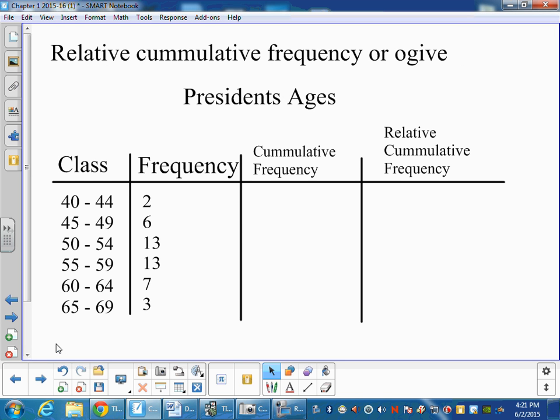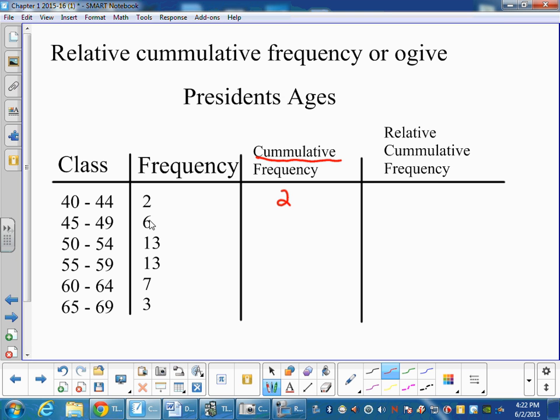To do that with our previous example with presidents' ages, what we have to do is make a chart like this, or it helps to make a chart. We have our classes and then our frequency. Now our cumulative frequency, the word cumulative means we're adding something up as we go along. So the cumulative frequency here is 2.